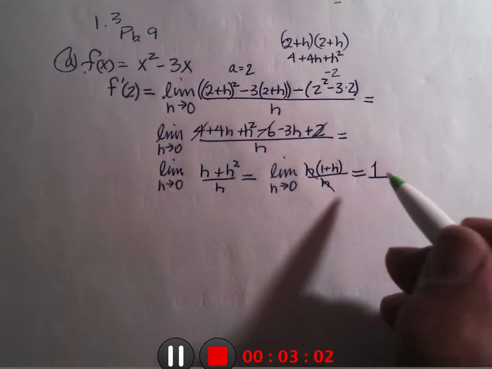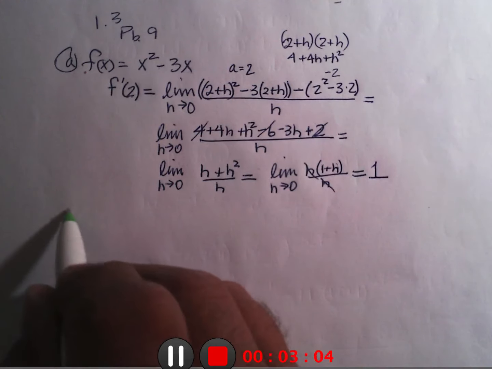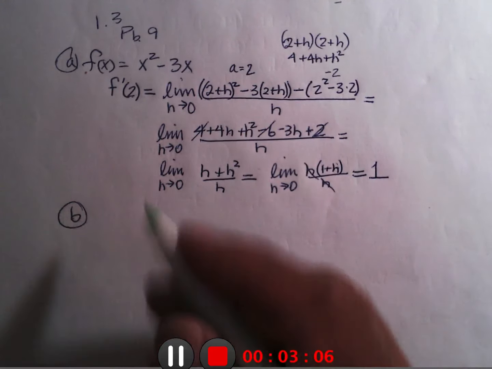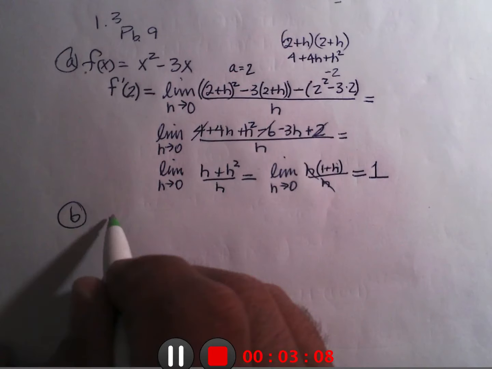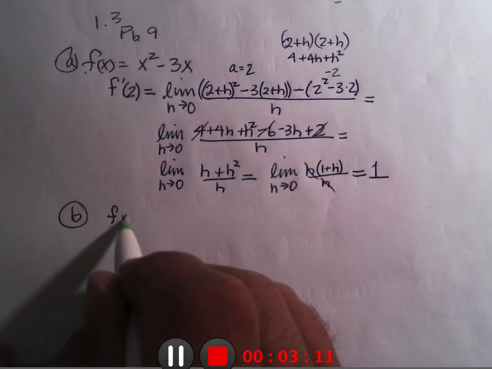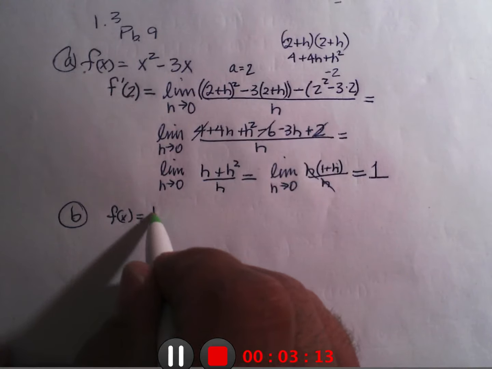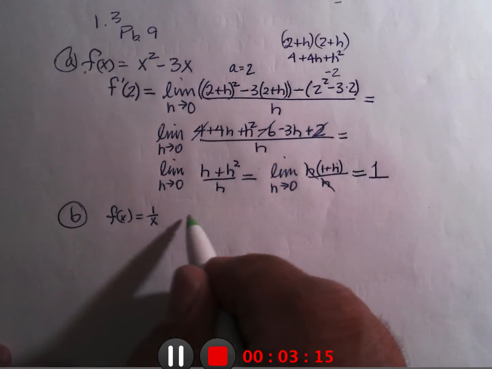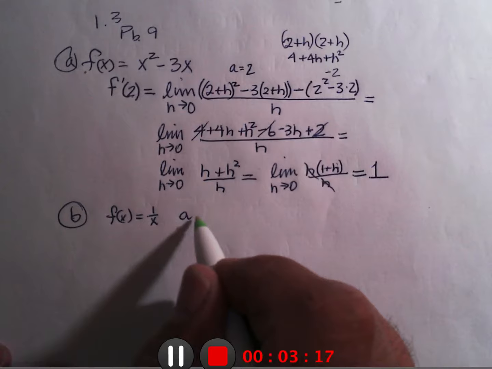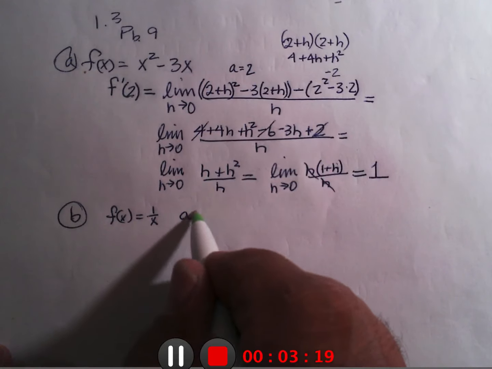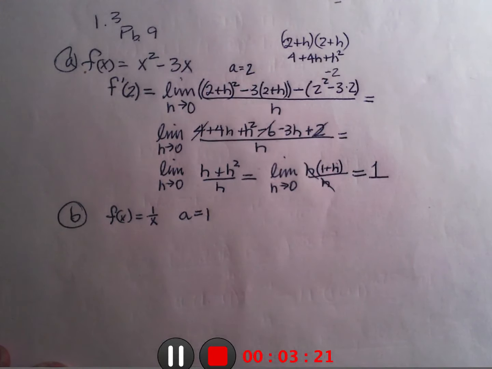Let's do B. Now we're doing f of x equals 1 over x, and we're trying to find out near 1. Instantaneous slope at 1.